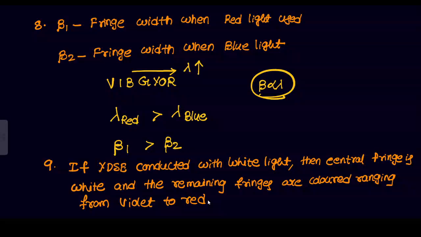So in YDSE with white light, the central fringe is white and the remaining fringes are colored, from violet to red. Next one.